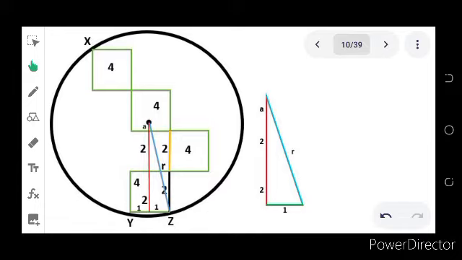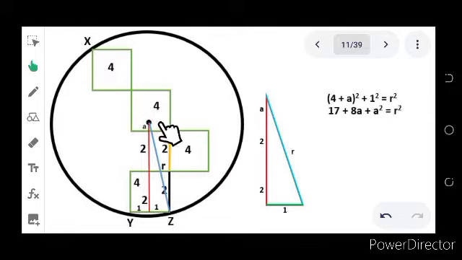We can now use the Pythagorean theorem: 4 plus A quantity squared plus 1 squared equals R squared. We simplify this, and it becomes 17 plus 8A plus A squared equals R squared.